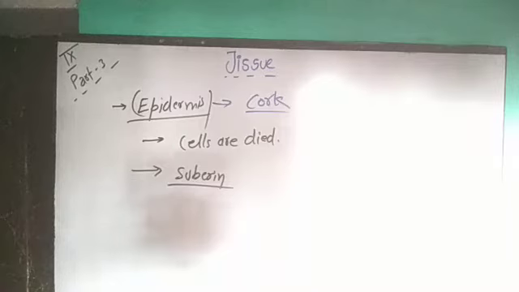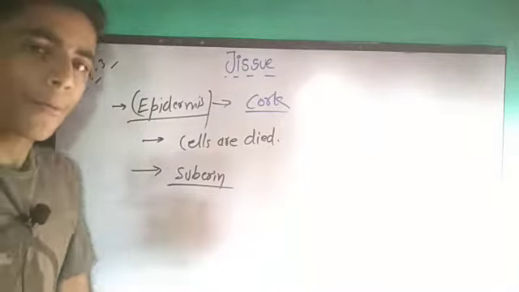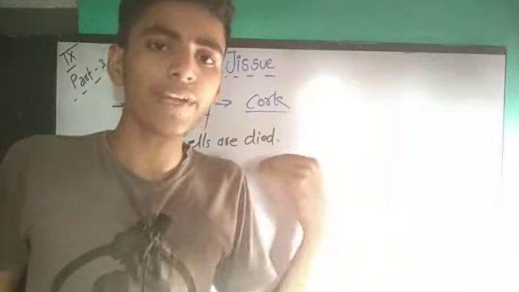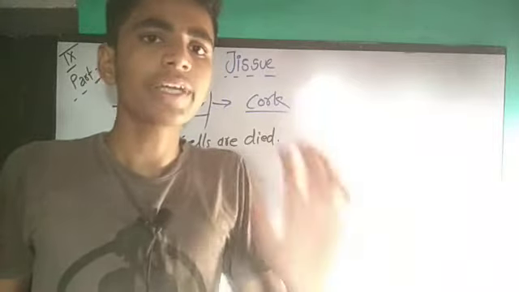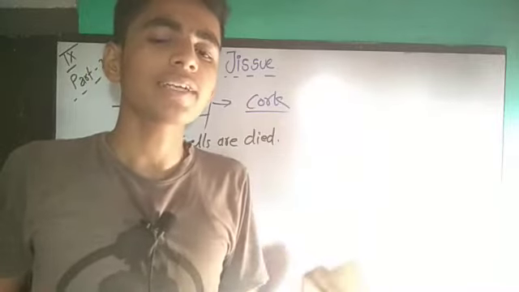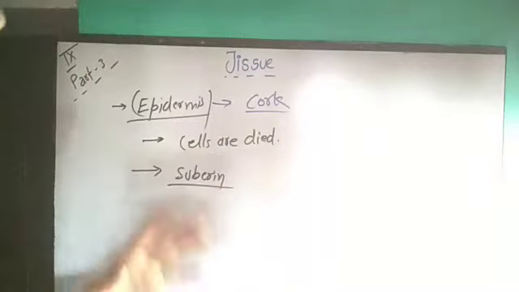Suberin is even harder, and it is a very good resistor of heat and electricity. So whenever we transport heat to the plants, they do not conduct that heat from one place to another. So is it clear to you all?